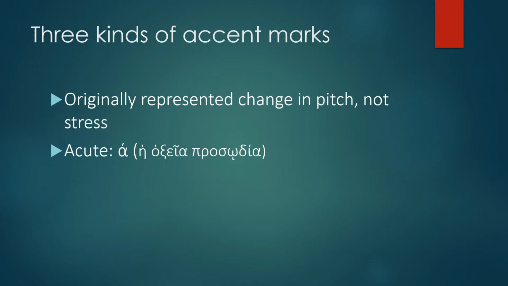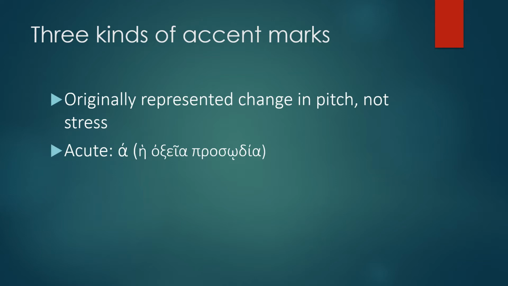First, we have the acute, the oxea prosodia, or the sharp thing that you put on the omicron. This originally represented an up in your pitch. Now that kind of sounds silly to English speakers, so in the English speaking world and pretty much everywhere, when you see an acute or other accent marks, typically it just gets a bit of stress.